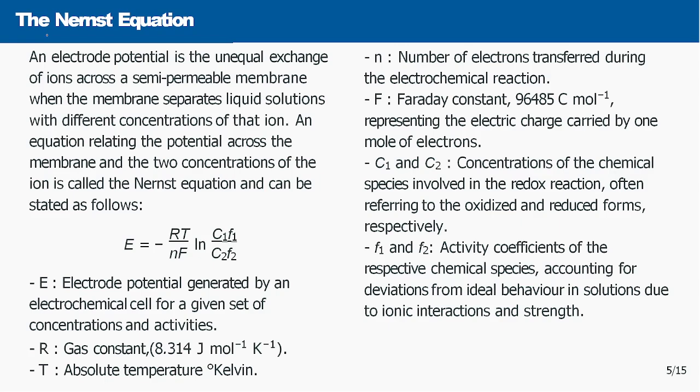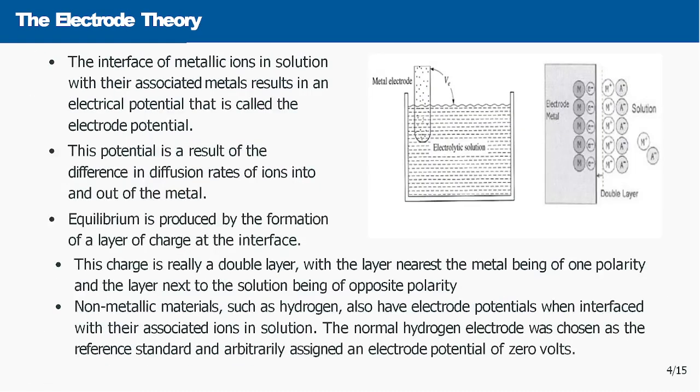Now, this is the Nernst equation, which gives the electrode potential generated by an electrochemical cell for a given set of concentrations and activities. As we have seen here, one electrode is put inside an electrolytic solution, and this interface is considered as a double layer.